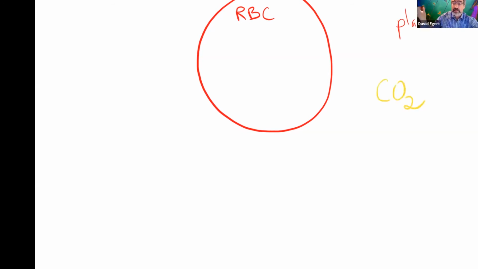You think of oxygen as bound to hemoglobin, but CO2 mainly goes like this. CO2 drifts into the cell. Inside the cell, there's a thing called carbonic anhydrase. CO2 plus H2O becomes carbonic acid, H2CO3. And then carbonic acid is a weak acid which dissociates into H plus and bicarbonate, HCO3 minus.